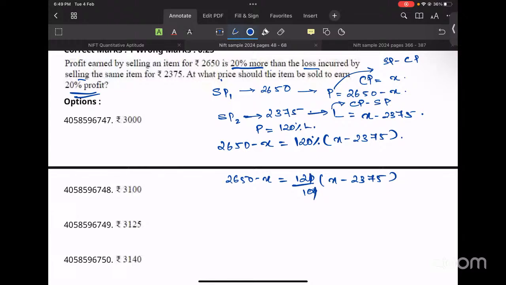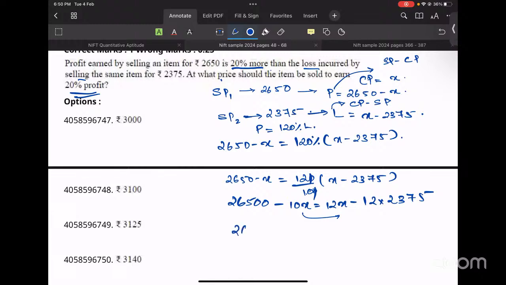So over here, 2650, multiplying by 10 adds one more 0, minus 10x equals 12x minus 12 into 2375. When the 10x goes to the other side, it becomes 22x.